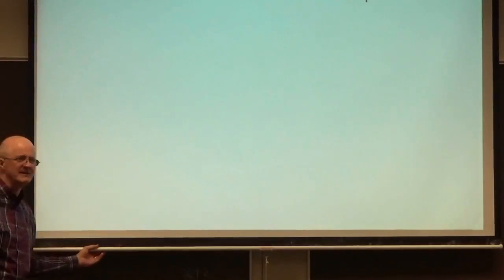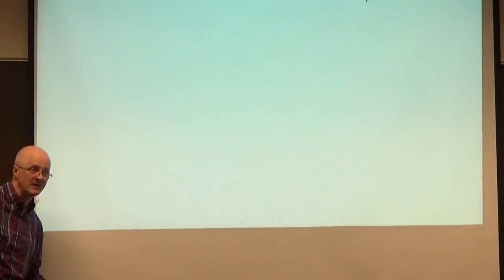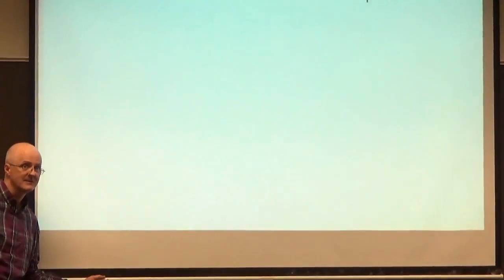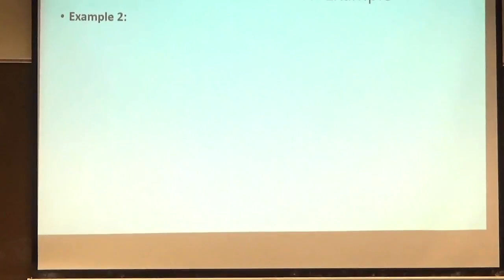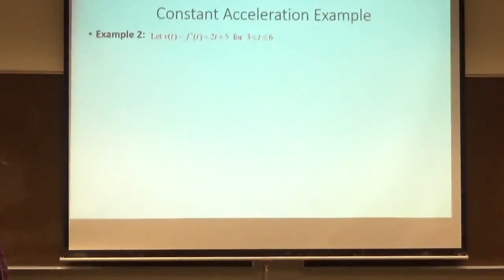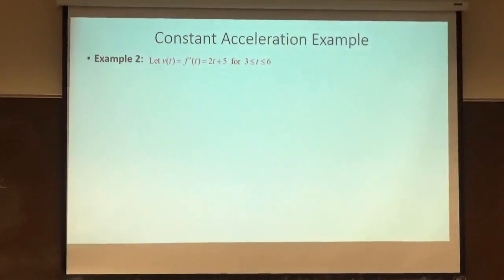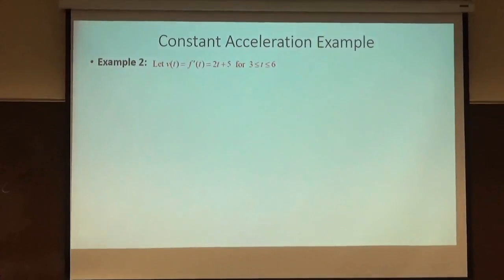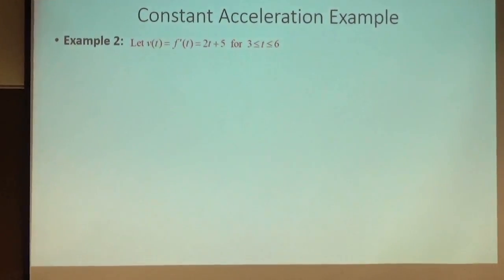Next example. Now we're doing a constant acceleration instead of a constant velocity. These are really important examples. You really want to make sure you understand this. So listen carefully. Suppose the velocity, v of t, which we can call f prime of t, is 2t plus 5.